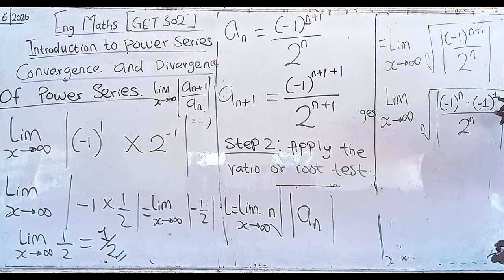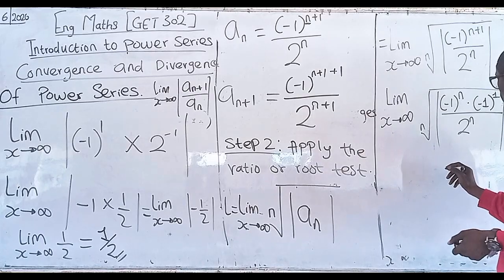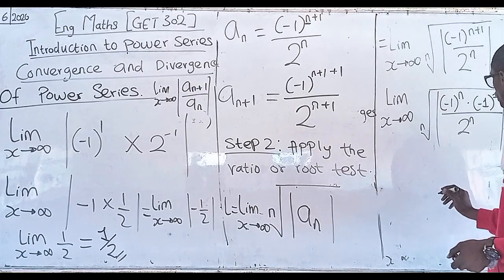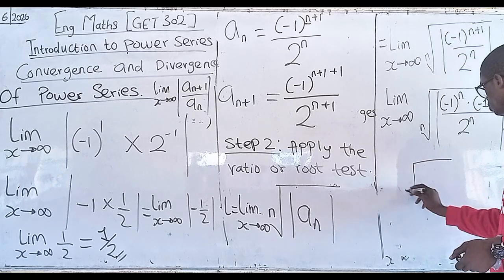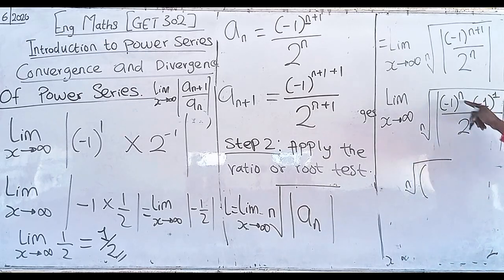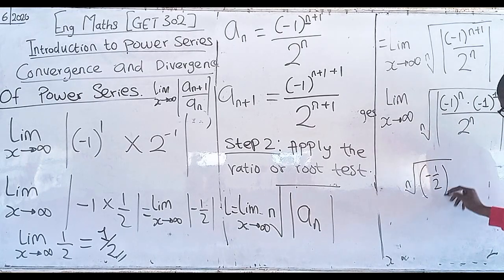Now, what will this one give you? If it's raised to the power of 1, we should have the nth root of minus 1 over 2, all to the power of this, since this power is the same.